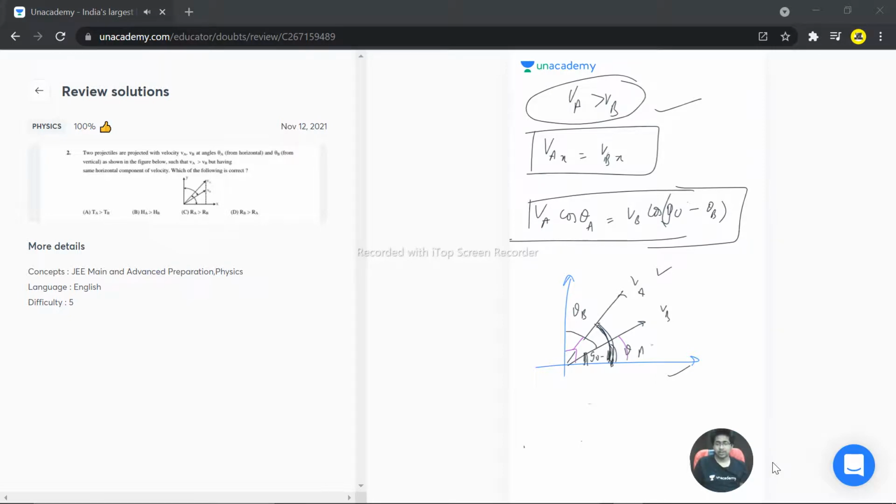Suppose, just for instance, that theta A is 60, and 90 minus 60 is 30.